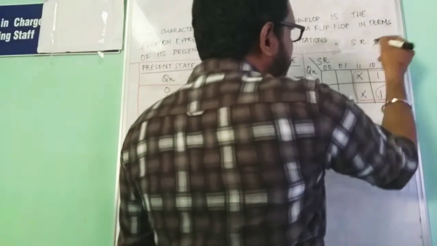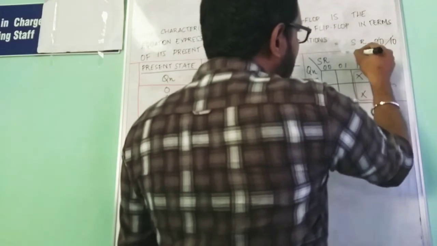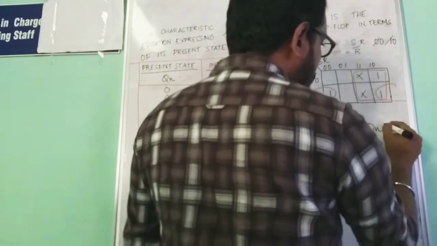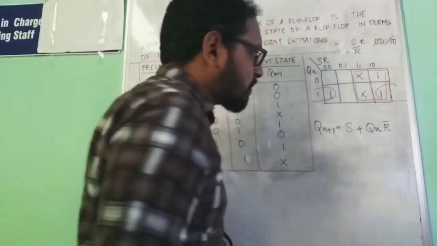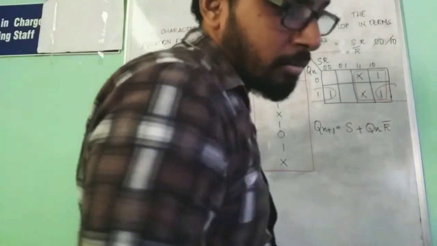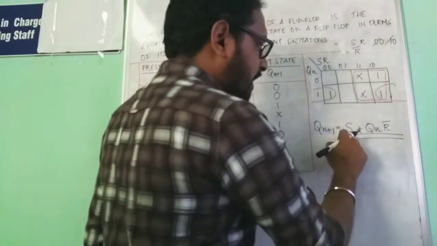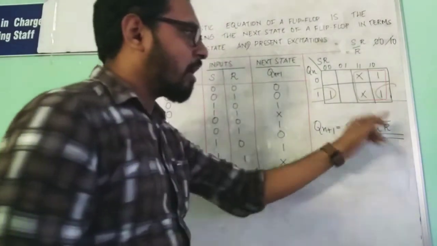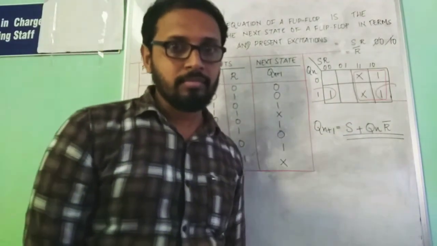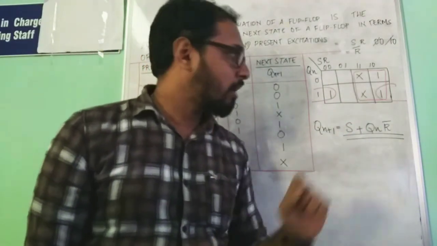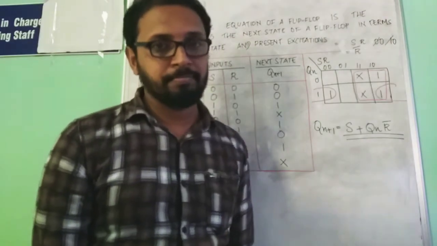Cancelling this case, we have R as 0, so R bar. So we put this as S plus Qn R bar. Let me check. Yes, the answer is S plus Qn R bar. S plus Qn R bar is the answer. Please go through.